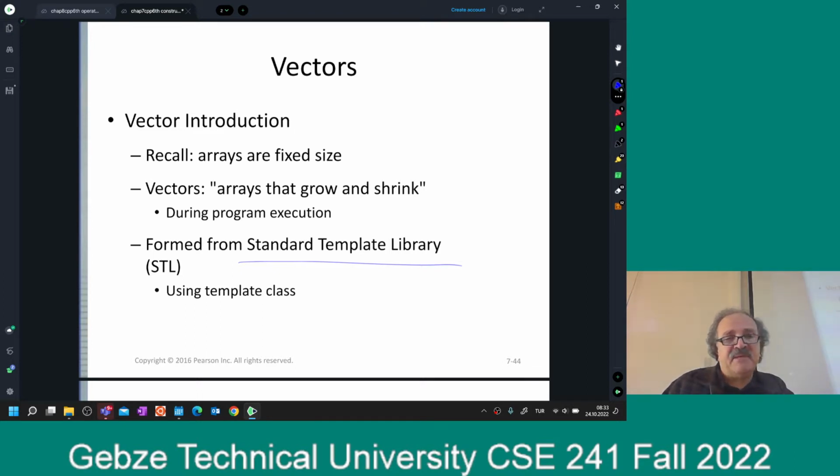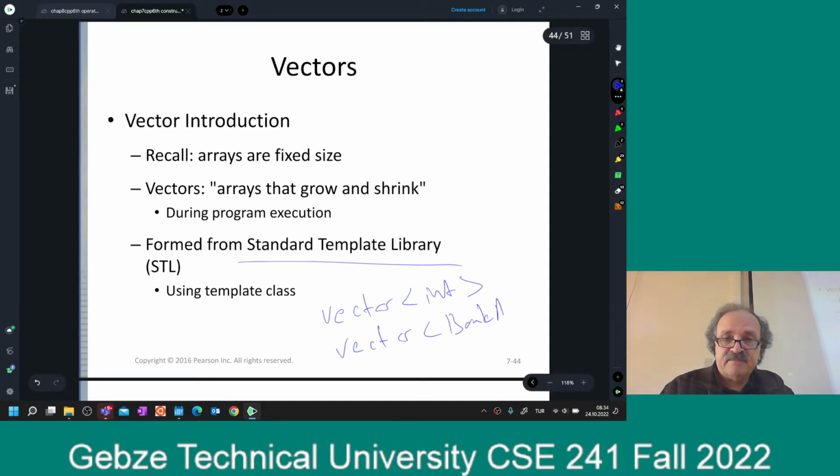They are templates because I can use vectors as a template for an array of integers, or I can use vectors for, for example, a bank account class, etc. So it's a template of a vector, and you can instantiate this vector with any class that you like.